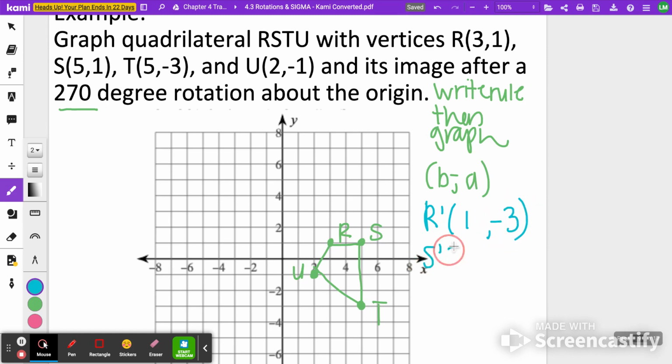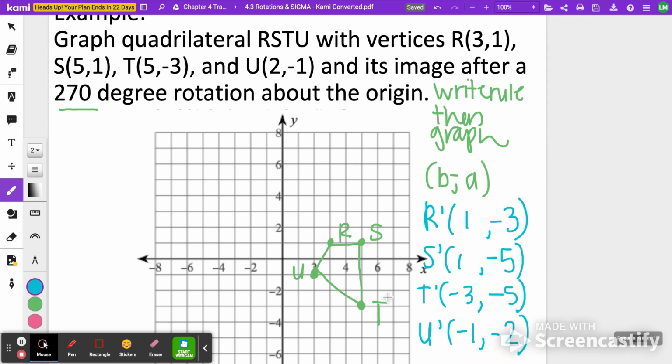S prime, we switch 1 and 5, where 5 becomes negative. T prime, switch the placements of -3 and 5, except 5 would also become negative here. And then U prime, switching the places of 2 and -1, so I'd have (-1, -2), except 2 would also become negative.